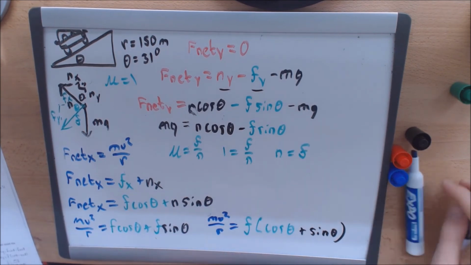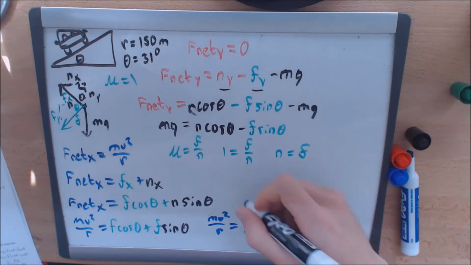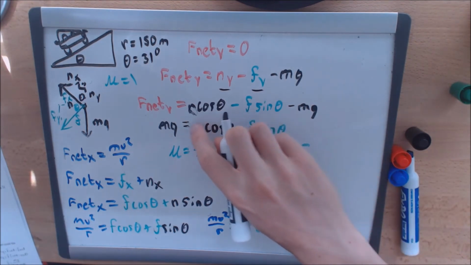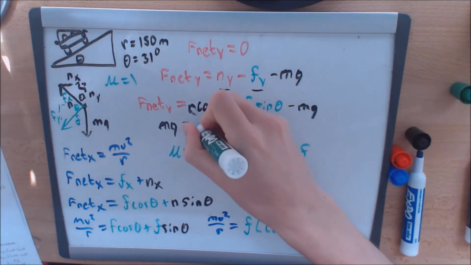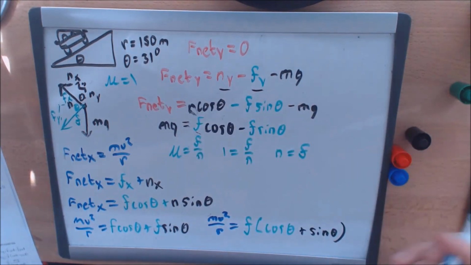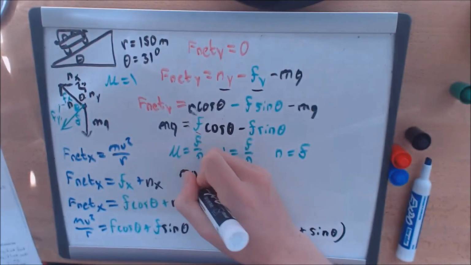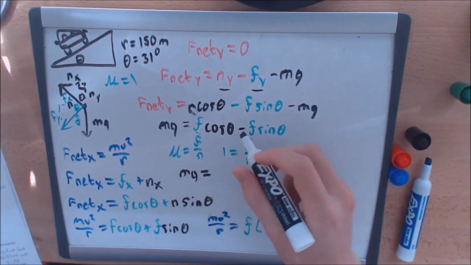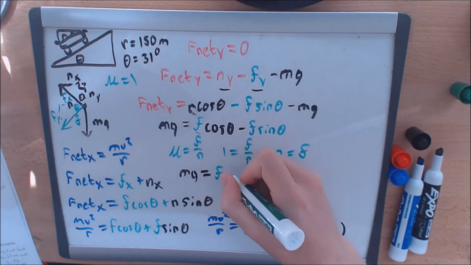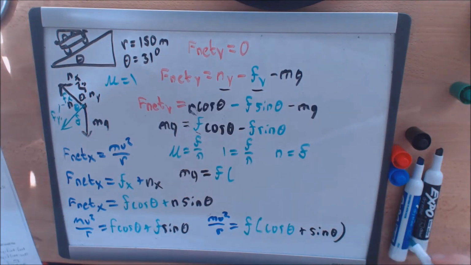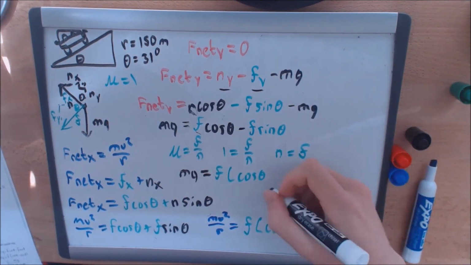And in the y half, we can say mg, we substitute in an F for this N, and factor out that F: mg equals F times cosine theta minus sine theta.